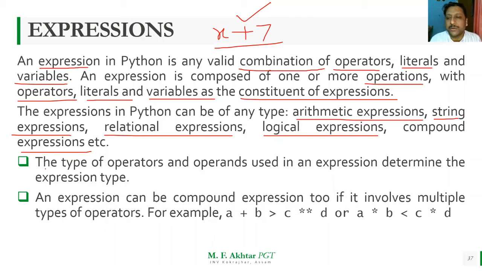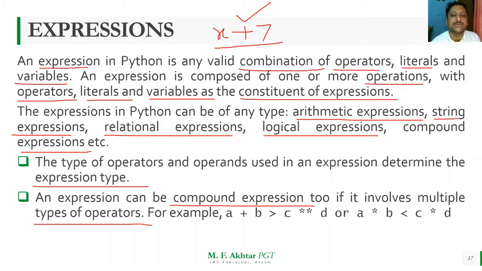The type of operators and operands used in an expression determine the expression type. If we are using arithmetic operators and arithmetic values, then it becomes an arithmetic expression. Similarly, an expression can be a compound expression if it involves multiple types of operators.